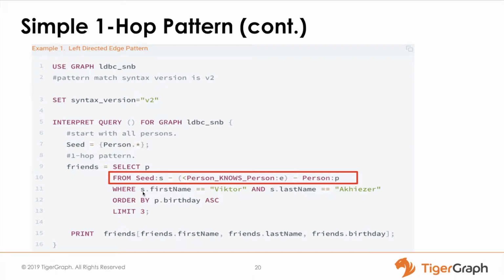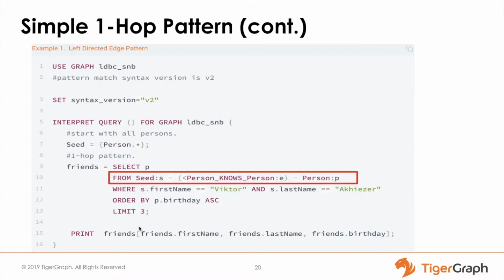Then I can write a filter using the bound variable S. So for the seed set, I want to select whose first name is Victor and whose last name is Ahiza. Then I find the people who know Victor and find their top three youngest persons and return them.